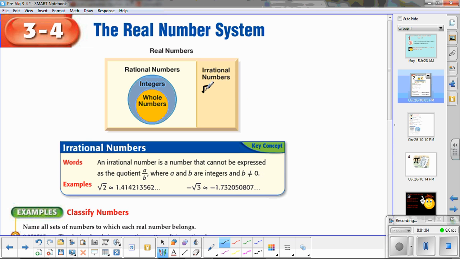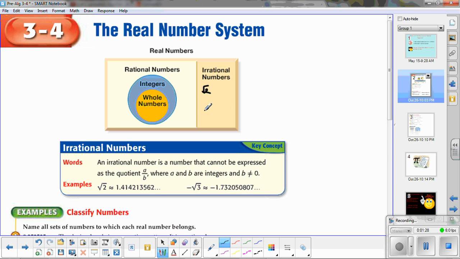Not all, but many, such as the square root of 2, which is about 1.4142. It keeps going on and on without repeating. If it goes on and on without repeating, it cannot be written as a fraction. Same with the negative square root of 3.